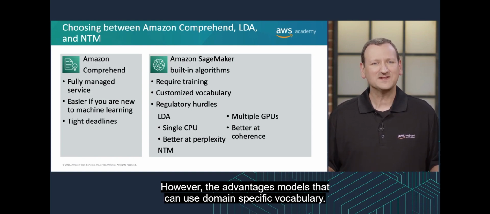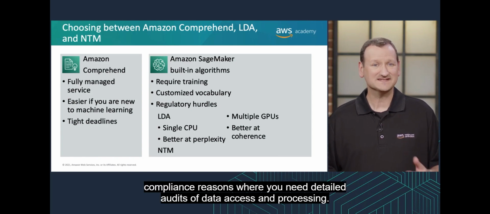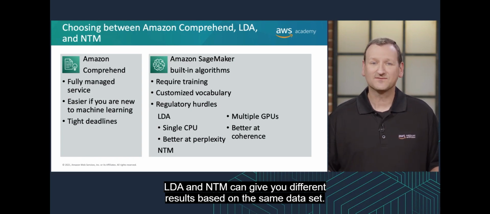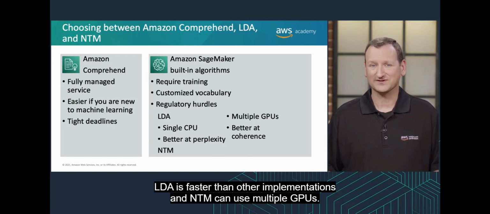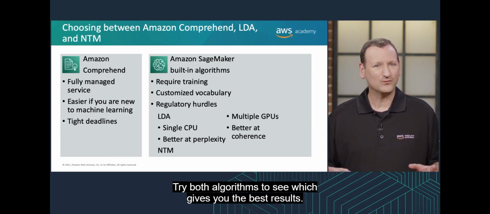However, the advantage is models that can use domain-specific vocabulary. You might also need to use these algorithms for compliance reasons, where you need detailed audits of data access and processing. LDA and NTM can give you different results based on the same data set. LDA is faster than other implementations, and NTM can use multiple GPUs. Try both algorithms to see which gives you the best results.